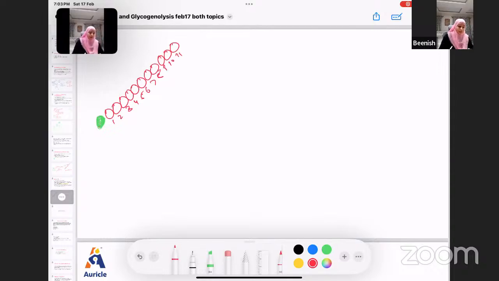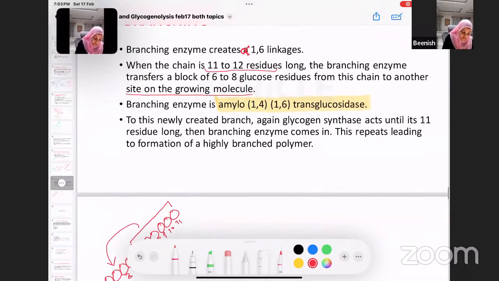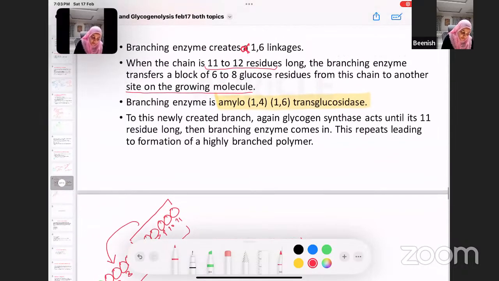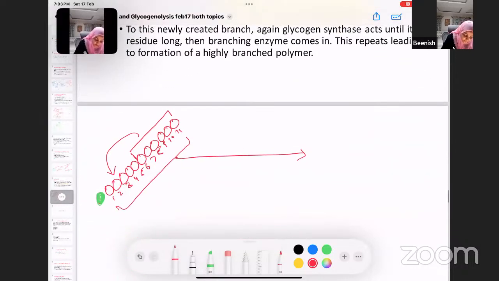Now it's saying a 6 residue block is transferred. And this is brought about by glucan transferase, alpha 1,4 to 1,6 glucan transferase. See, it is saying when the chain is 11 residues long, now comes the branching enzyme. The name of the branching enzyme has been mentioned.